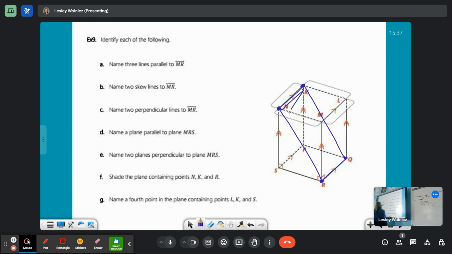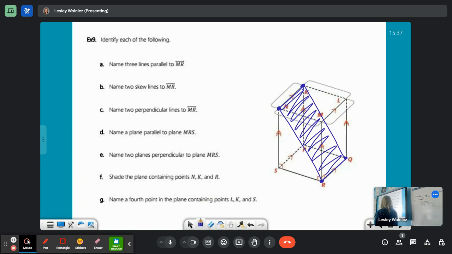And then you're just shading that plane. So imagine that this is a block of cheese and you're just cutting through the cheese to make two wedges like doorstops. It's kind of a fun exercise for your brain.